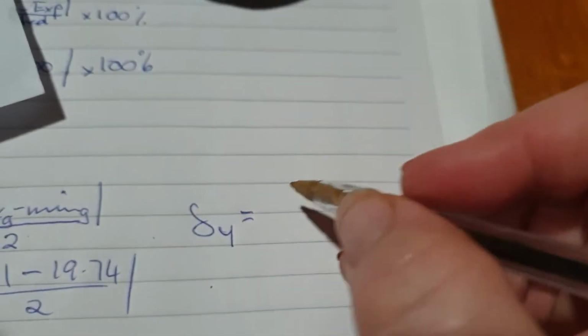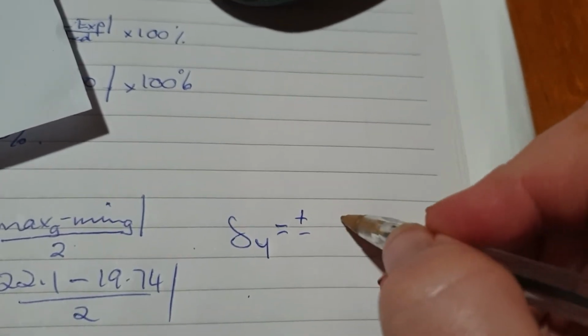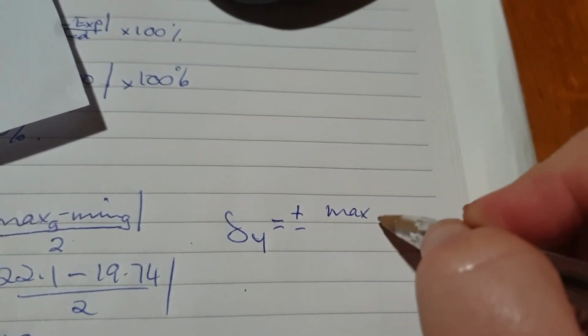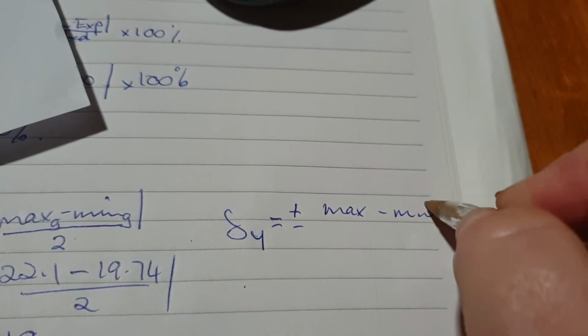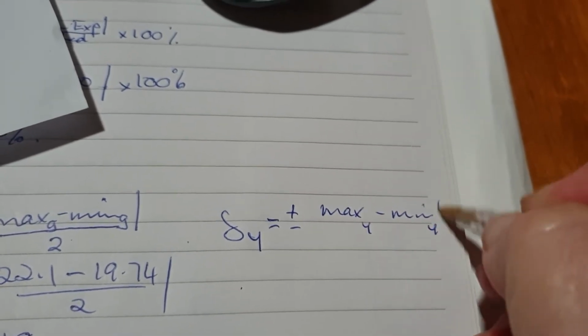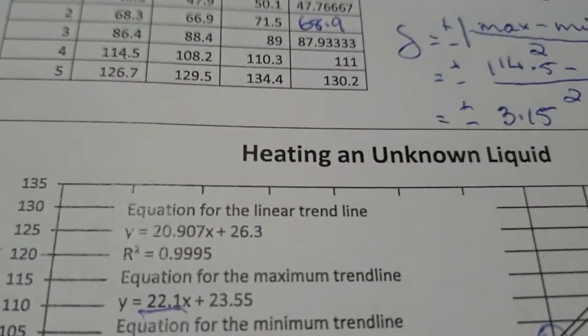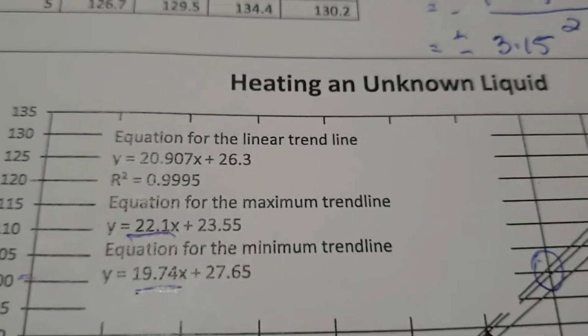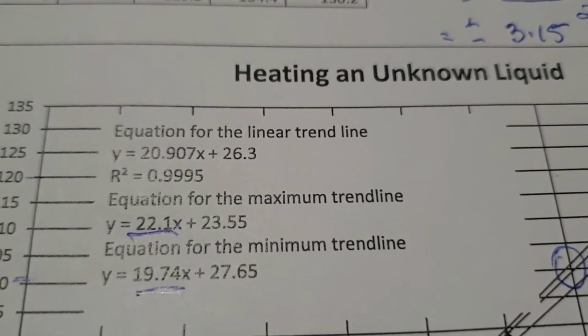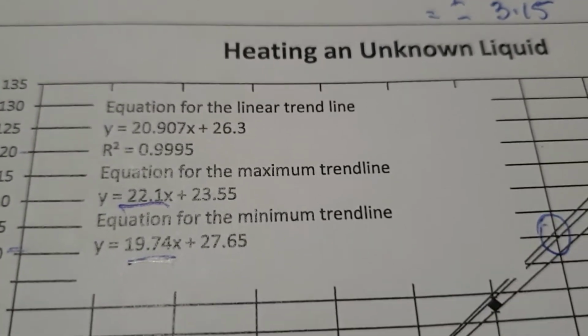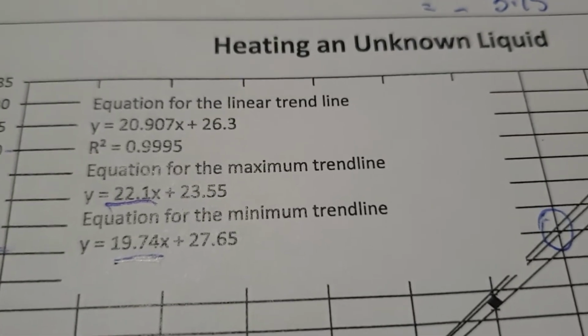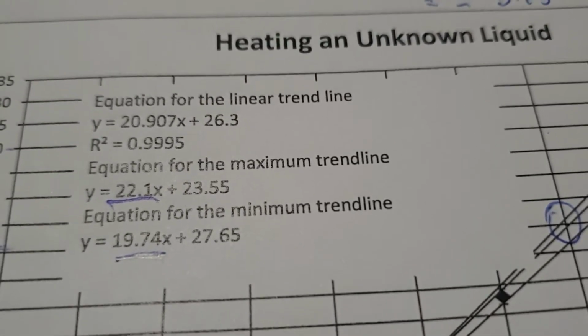Rightio. Then we want the uncertainty in the y-intercept. Plus or minus, and again it's going to be max minus min, and it's in the y. Divided by 2. Go back to your equations. Here's the maximum y, 23.55 minus 27.65.